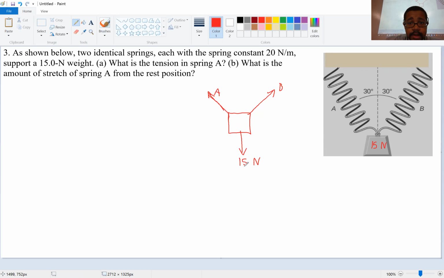And then let's see, I guess we'll go ahead and just plug it in. Okay, so first of all, let me ask you this. We've got a spring constant here. What is the force of the spring?